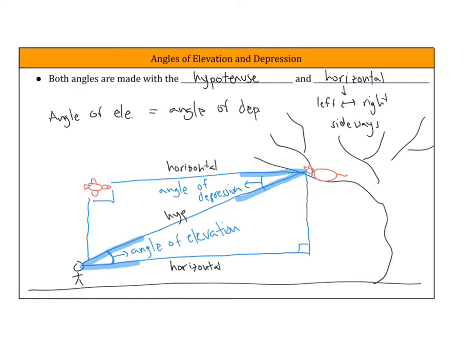Okay, so which one you use, it doesn't really matter because at the end of the day, they are actually the same measurement. Now, my recommendation is that you draw the triangle on the bottom. Typically, it's a little bit easier to spot the angle of elevation than it is to spot the angle of depression. So if you draw in the triangle with the horizontal closer to the ground, then where that horizontal and hypotenuse meet, they make an angle, and that is our angle of elevation.